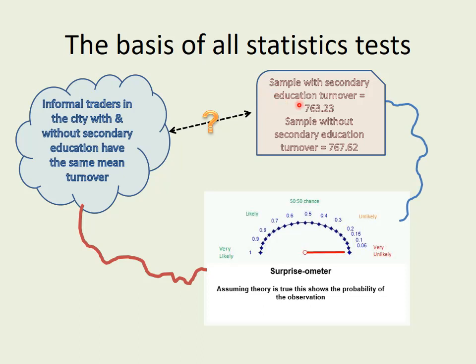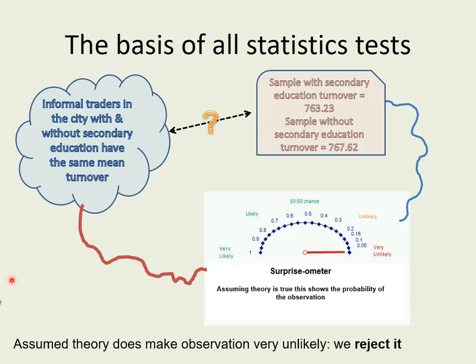Those with secondary education had this turnover in the sample, those without secondary education had this turnover in the sample, and you can calculate that if this assumption is correct, the observation has a very, very low probability, very, very surprising. So because I just can't believe that something so very surprising has happened, I prefer to say, no, I think this theory must be wrong. So I reject that theory, and that's what we do. The assumed theory does make the observation very, very unlikely, so we reject that theory.